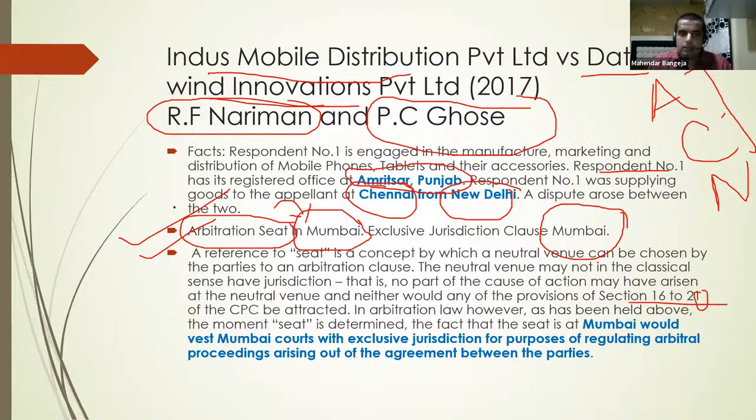So in this case, any petition pertaining to arbitration would be filed in Mumbai courts only. Clear? This is because the seat was in Mumbai. Otherwise, section 16 to 21 would have been applicable.